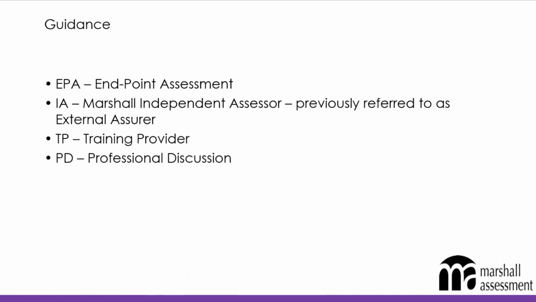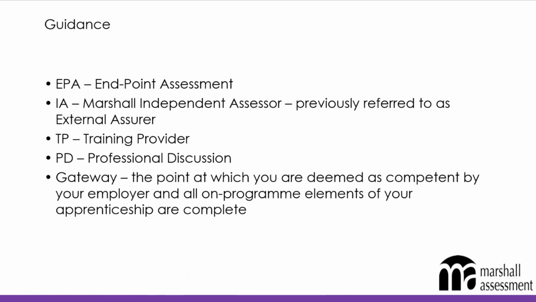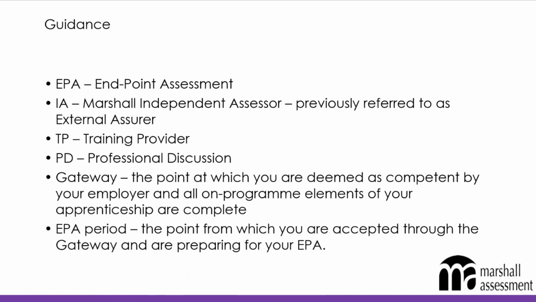TP for training provider, professional discussion is PD, and gateway, which we'll talk about in a moment. And then the EPA period or EPA window. That's where you get to prepare for your endpoint assessment, and obviously you need to take that. For this, I think the endpoint assessment window is 3 months. So that's how long you can expect to wait before you get your assessment completed.